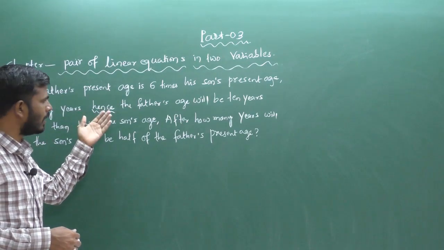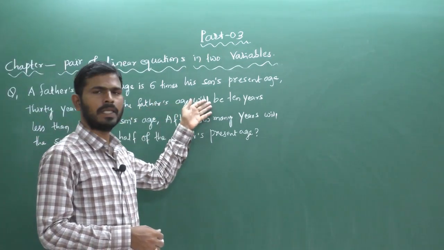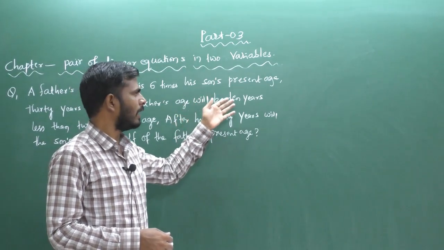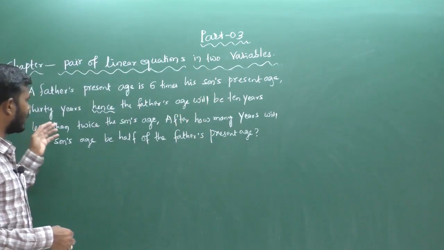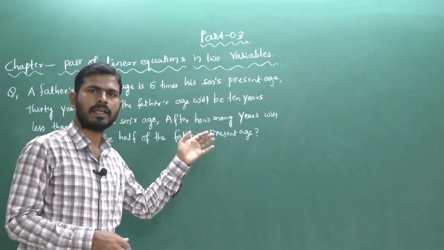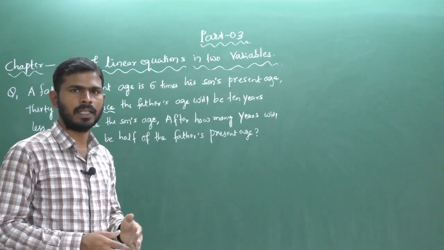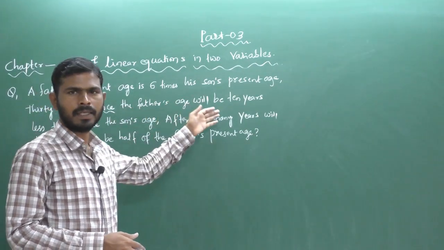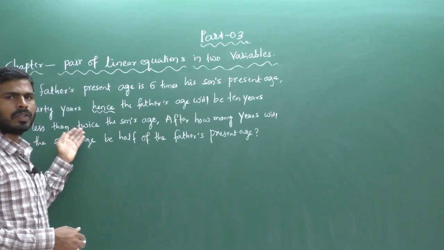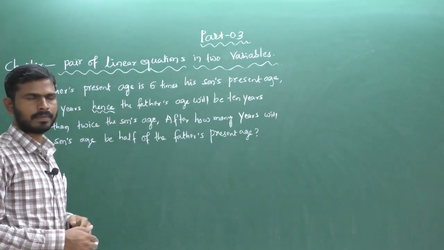Hence means after 30 years, ago means before 30 years. Since hence is given, you have to consider after 30 years. After 30 years the father's age will be 10 years less than twice his son's age. So comparing the father's age and son's age after 30 years, the father's age will be 10 years less than twice his son's age.